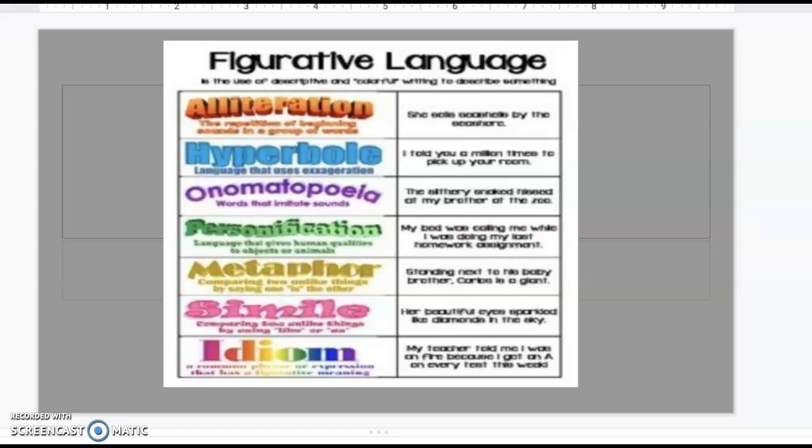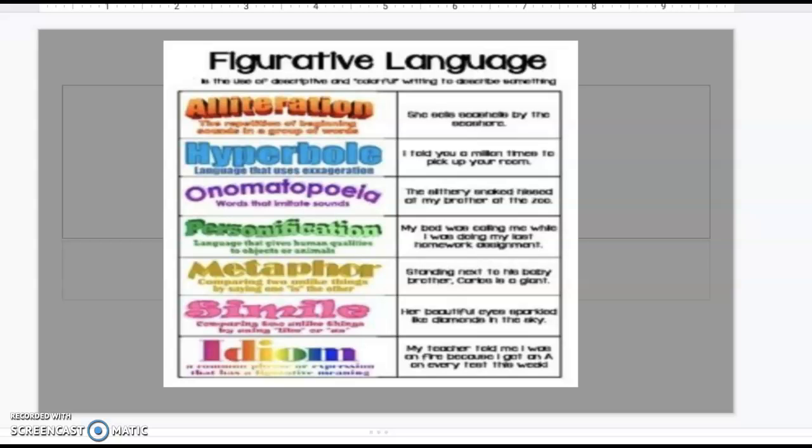Okay, that was some fun alliterations. Thank you so much for sharing. Now, as you can see, figurative language is so important for making our language fun and interesting. You'll see it a lot in stories, in poems, in the movies, and you'll hear it as you're walking down the street.